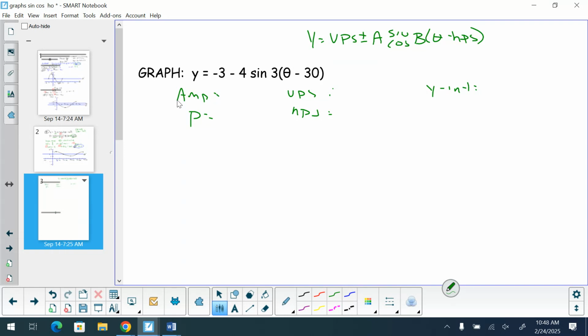Make sure your amplitude's still positive, even though we have a -4 there. Amplitude is the absolute value of A.